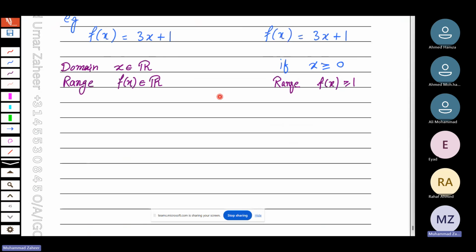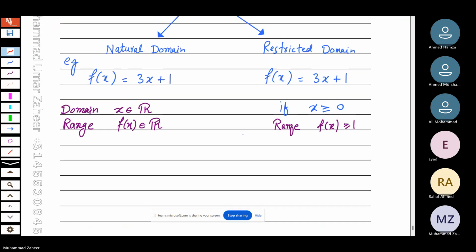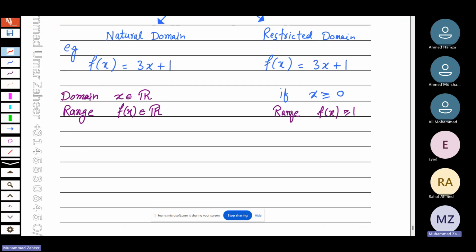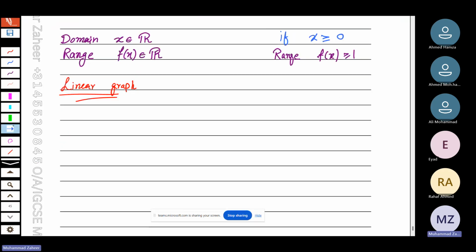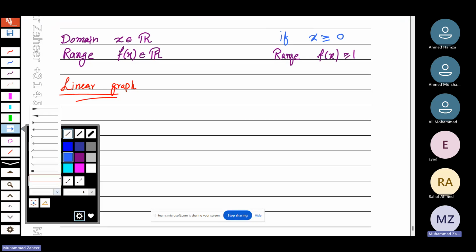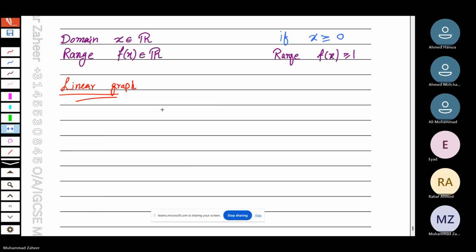First of all, we are going to talk about the linear function. I'm just going to take the same example, the linear graph. The shape of the linear graph is going to look like a straight line. If you have any graph like y is equal to mx plus c in this format, this is basically always a straight line.